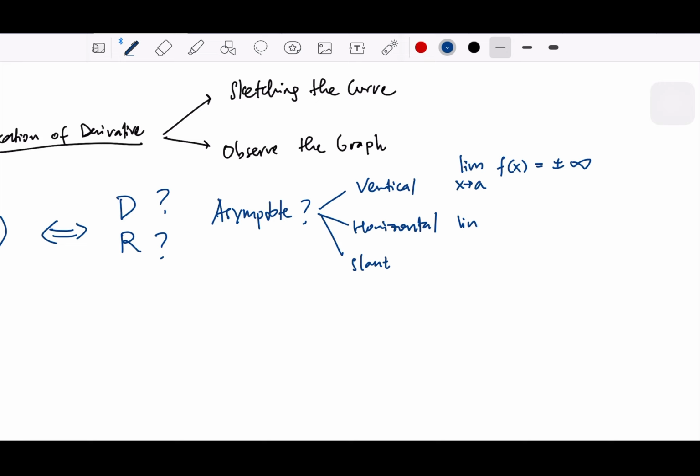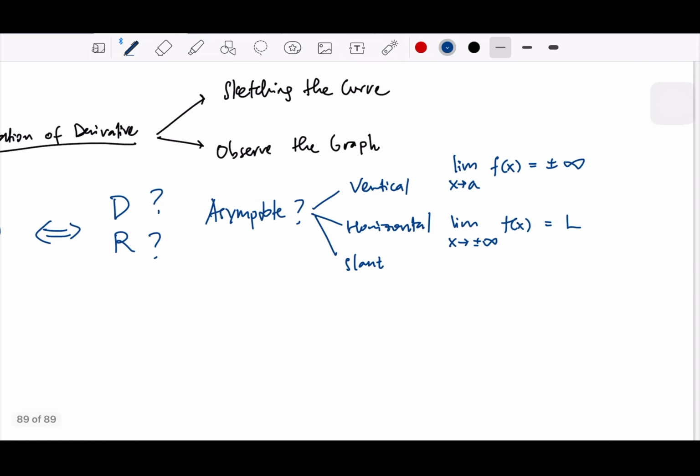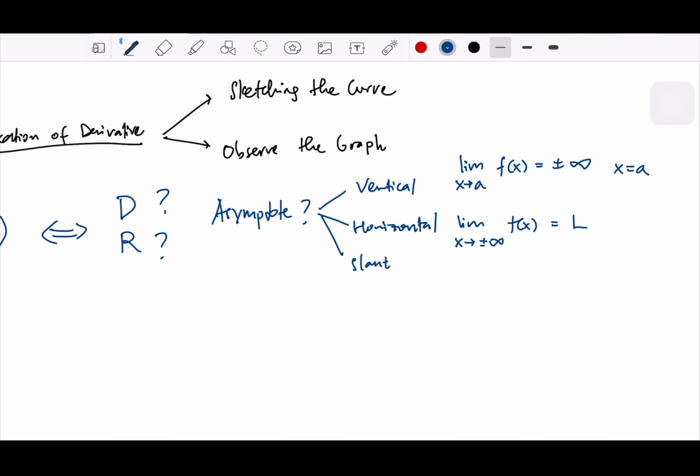And horizontal is when x approaches infinity or negative infinity, the function goes to some L. A slant is when we have a typical line.